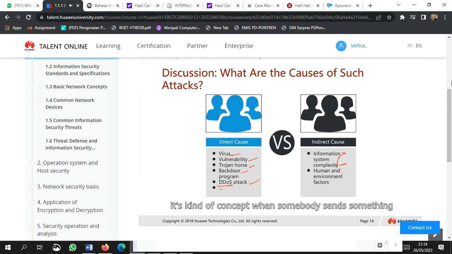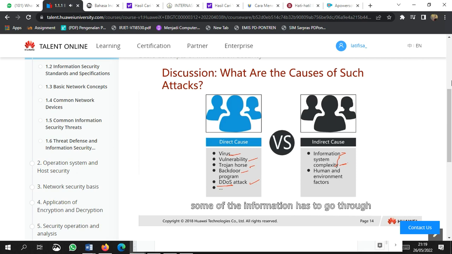Because of the workflow concept, where somebody sends something, it will go through to be authorized by another superior, and the superior has to be authorized by another superior, and things like that. So sometimes due to this process, one of the systems could be compromised and causes the attack to happen.